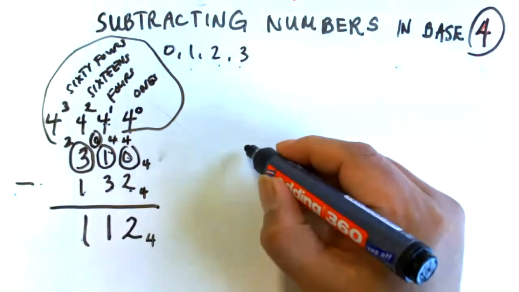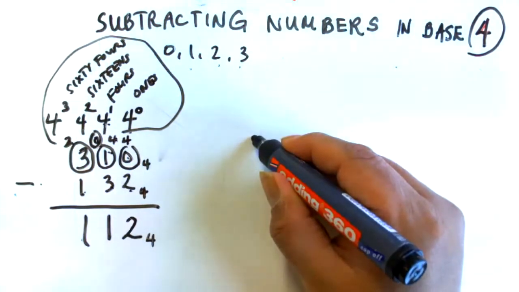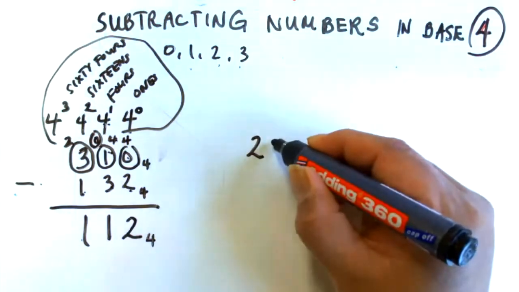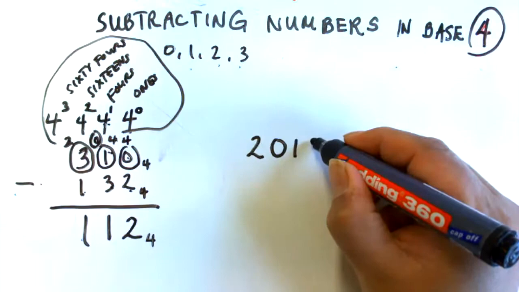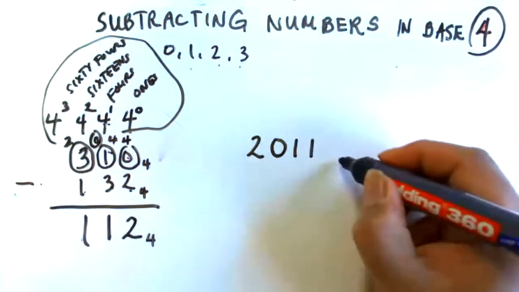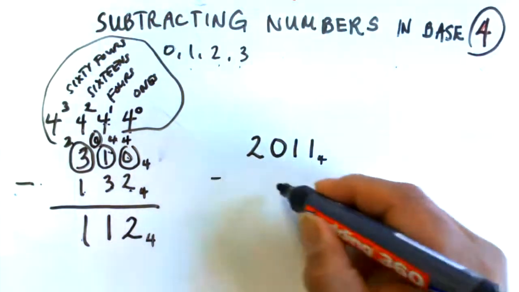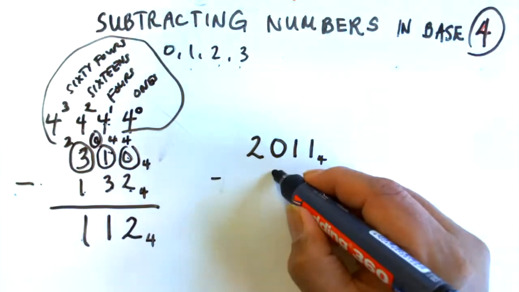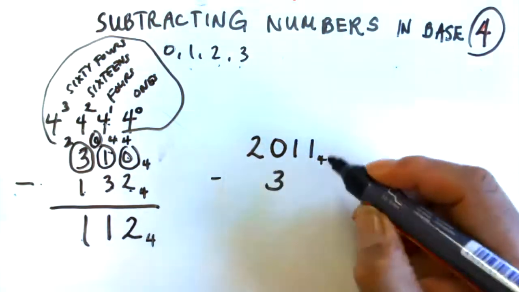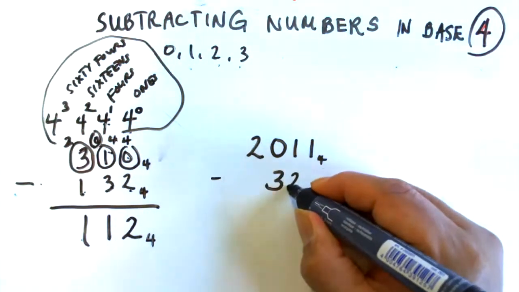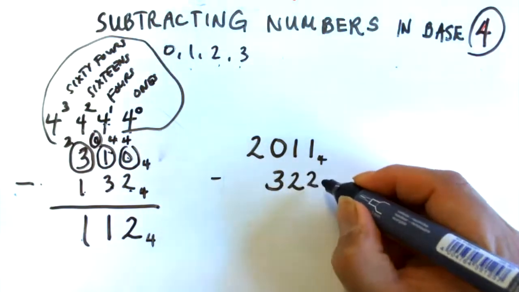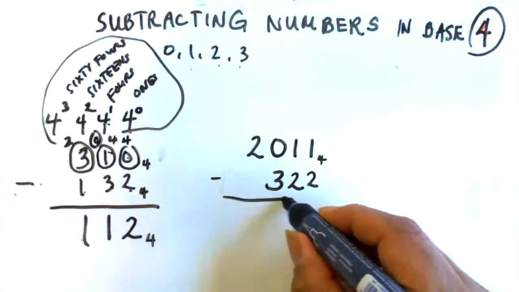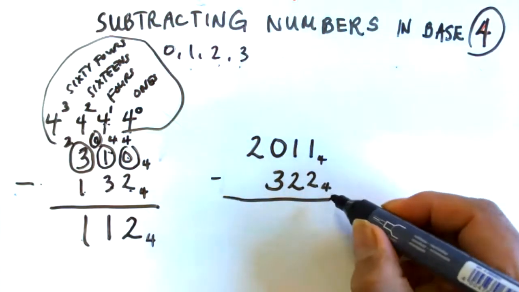So let's say we have 2, 2, 0, 1, 1 in base 4 less 3, 2, 2. That's also in base 4.